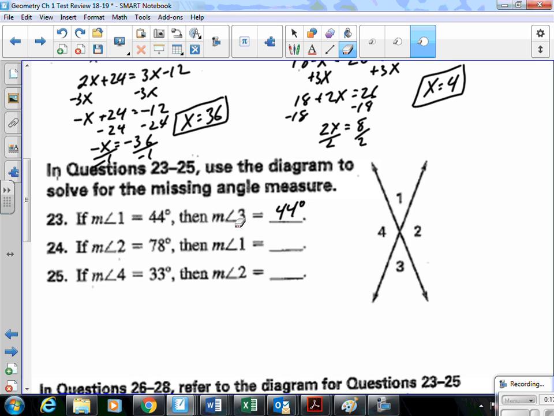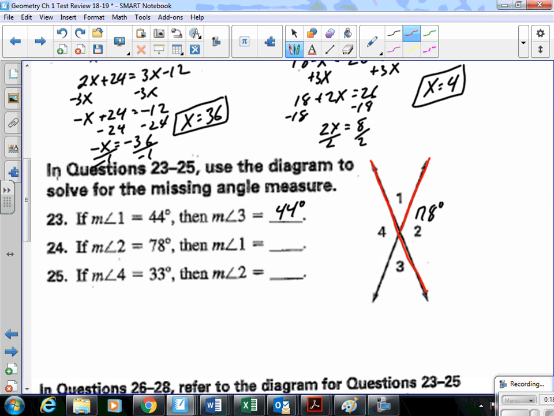All right, next option, angle 2 is 78 degrees. What's the measure of angle 1? So in this case, we're looking at angle 1 and angle 2, which are side by side with their non-common sides creating a straight line or a set of opposite rays. So that makes them a linear pair, and the angles of a linear pair have to add up to equal 180.